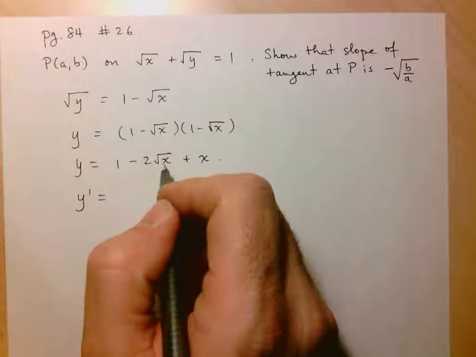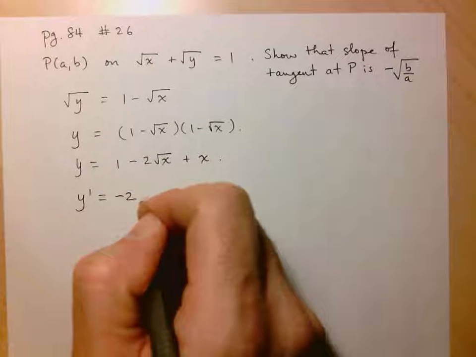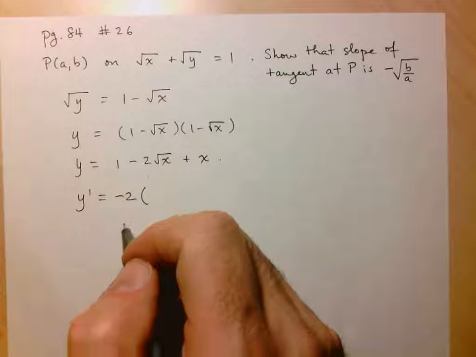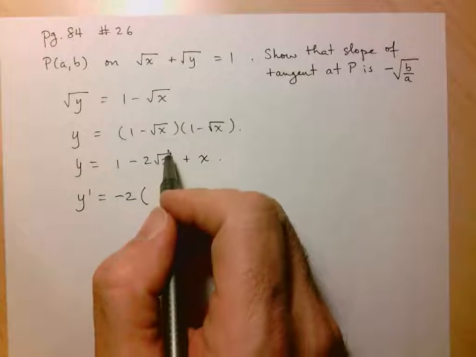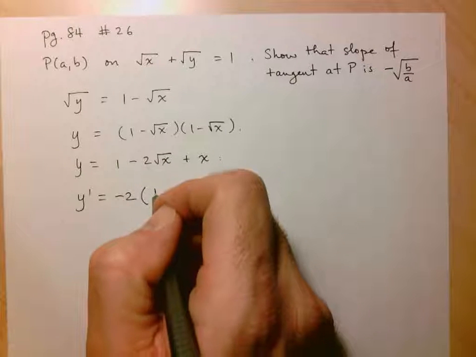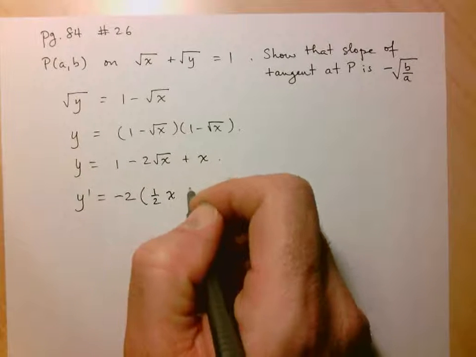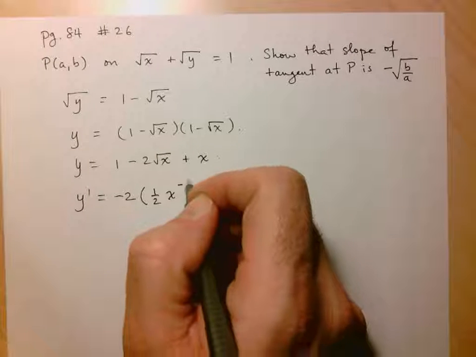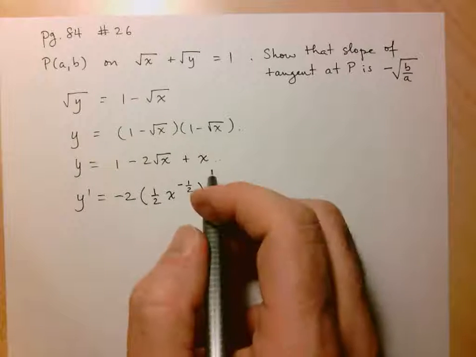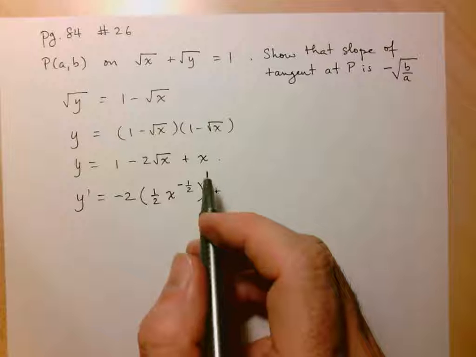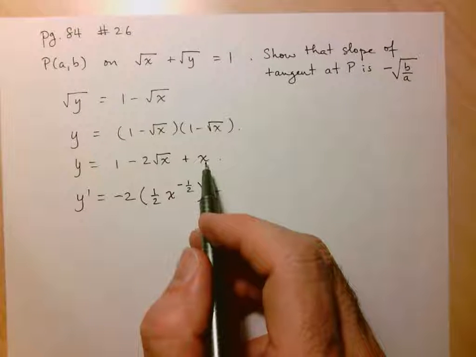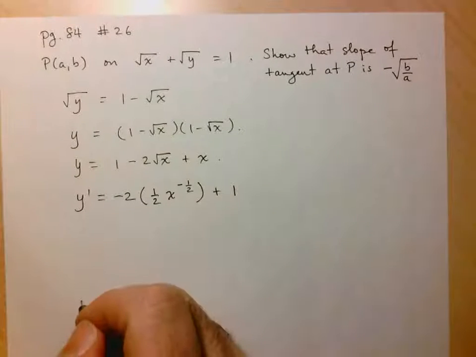Here we've got negative 2 times root x, so it's negative 2 times the derivative of root x. Root x is x to the 1/2, so this is going to be 1/2 times x to the, subtracting 1, negative 1/2. Then we have plus the derivative of x, which is just equal to 1.